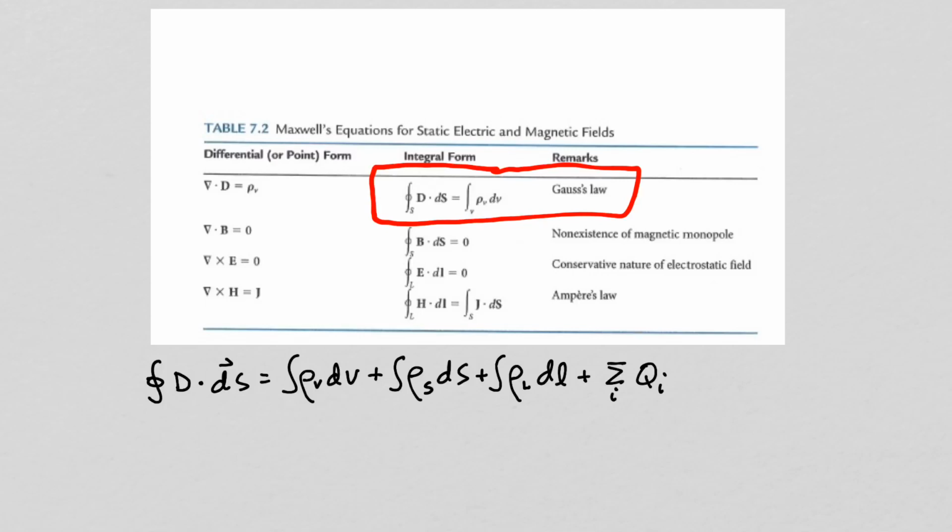Although Maxwell's equation is written as though there's only a volume charge density, it's the total charge enclosed, so you could have a volume charge density, or surface charge density, or line charge density, or point charges, or any combination of the four. So the right-hand side is really implying all these different types of charges you might have inside your Gaussian surface.